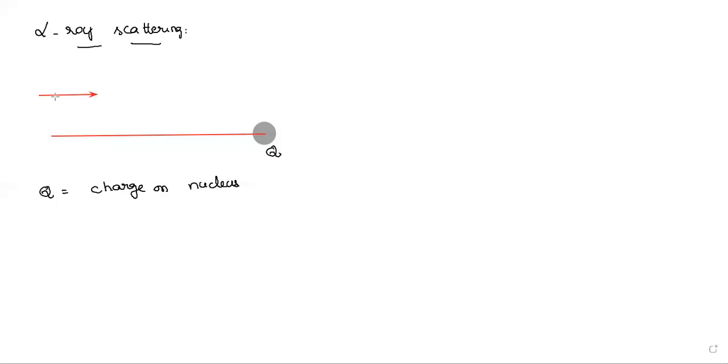Take it as the perpendicular distance BD. That perpendicular distance is called the impact parameter.